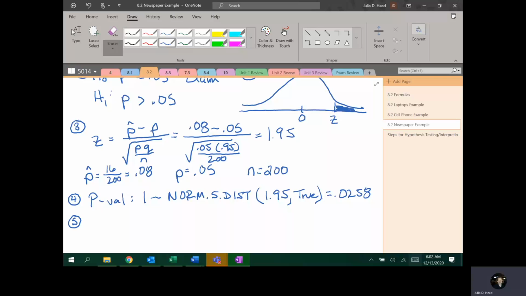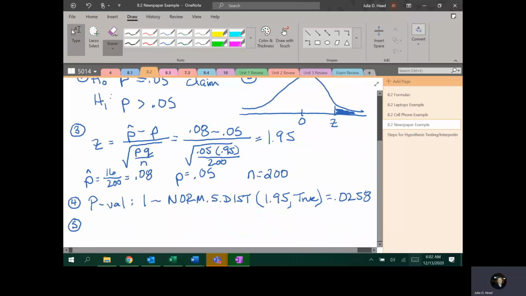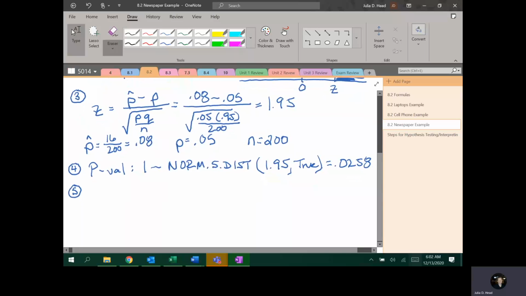So that is a fairly low percentage. Specifically, it is lower than the significance level of 0.05. So in other words, that's unusual. So we're going to say, you know what, that's so unusual that we don't believe what they're saying. So we reject that null hypothesis.